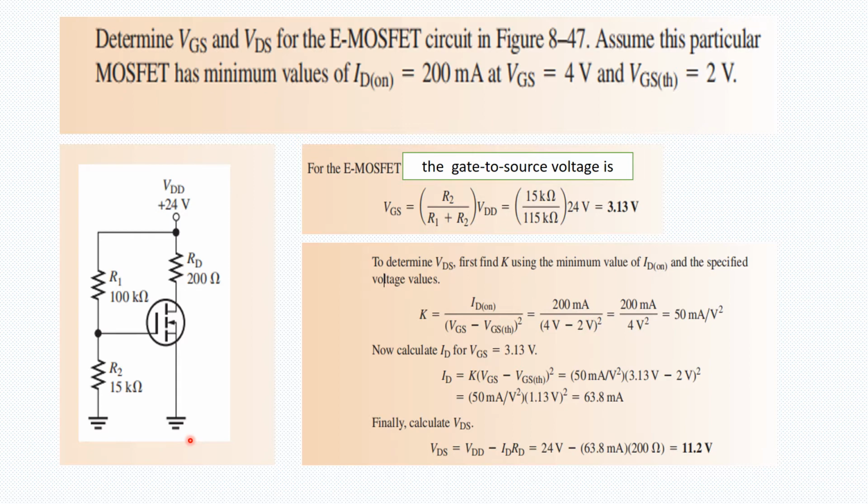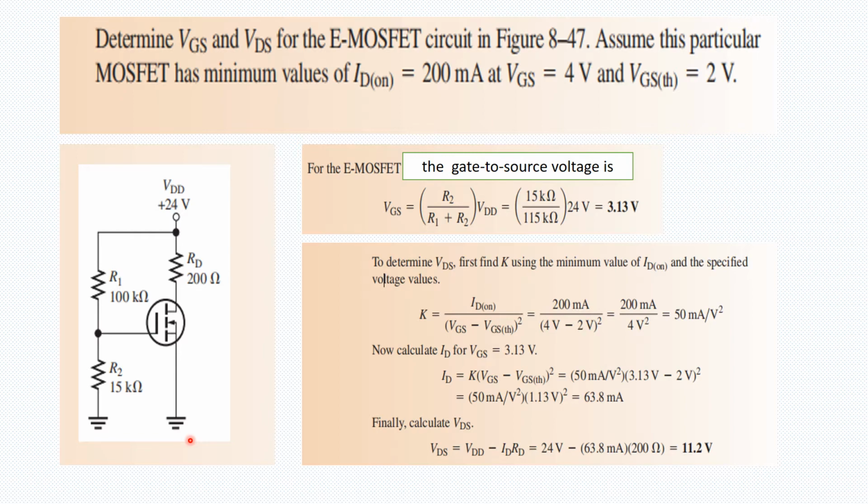Here we have to make some assumptions: the minimum value of drain current to keep the E-MOSFET on should be 200 milliamperes, which is some bare minimum value, VGS should be 4 volts, and the gate to source threshold value is 2 volts. This is taken from the data sheet for the E-MOSFET.